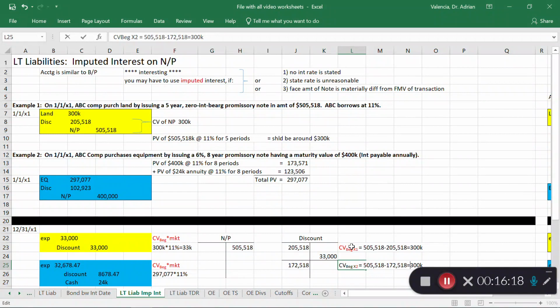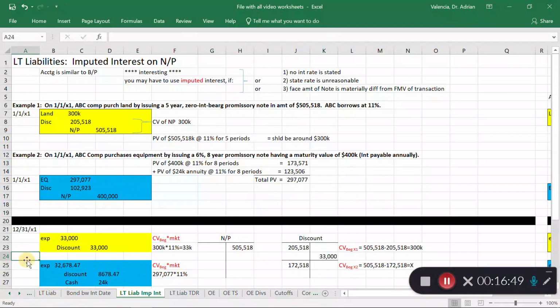I'm not going to worry about what that number is. Let's call that number X. What that means is for the second period, at 12/31/X2, when I go to compute my expense, it's going to be whatever this value X is times 11%. Be very careful with that. So the statement is, as the discount goes down, the carrying value of that note goes up because this X amount will be greater than 300. All right, so that clears that up.